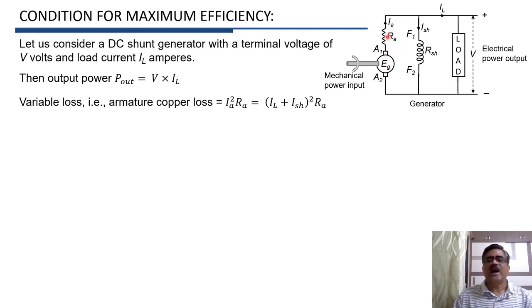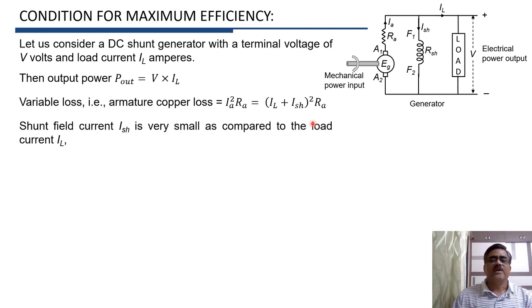Now here Ia is equal to IL plus ISH, and therefore armature copper loss is equal to (IL plus ISH) square into Ra.